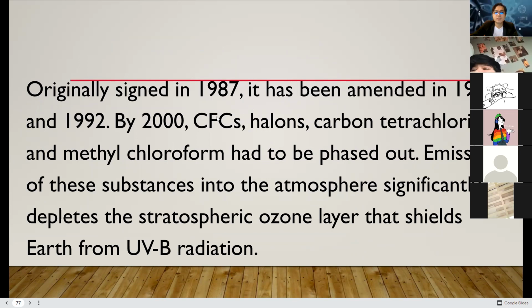By 2000, CFCs, halons, carbon tetrachloride, and methyl chloroform had been phased out because they can damage the ozone layer. Emission of these substances into the atmosphere significantly depletes the stratospheric ozone layer that shields Earth from UV radiation.